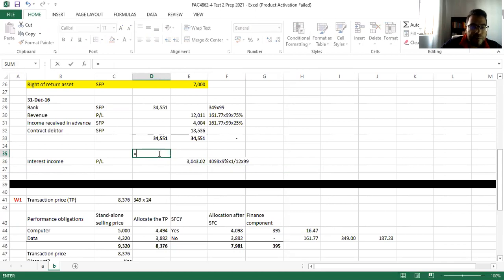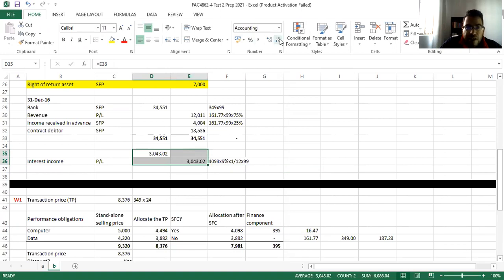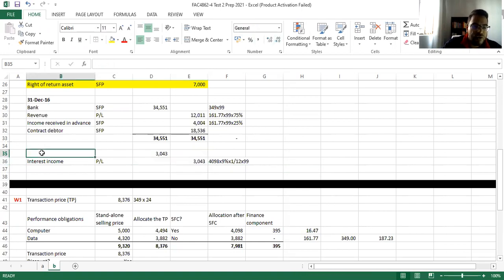Where does it go to? For every debit, there must be a credit. It's not bank. Can't go to bank. It will go to contract debtors. So the contract debtors owes us for the interest income.